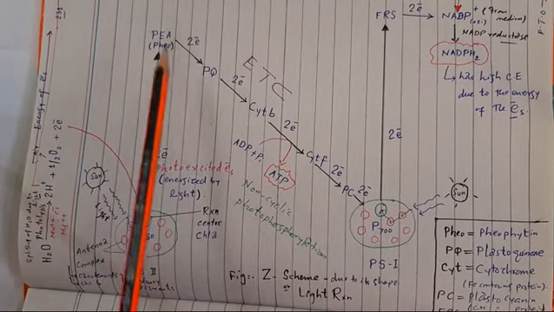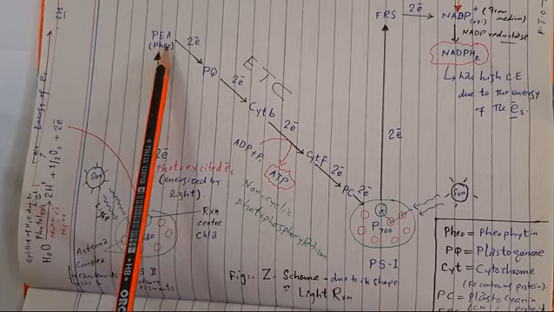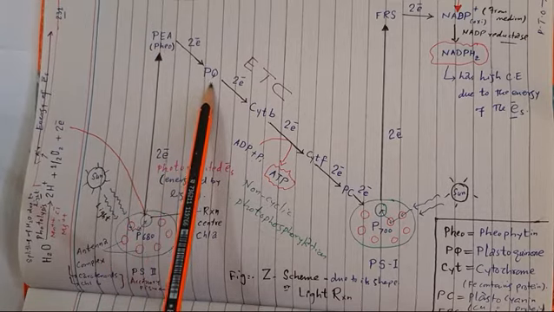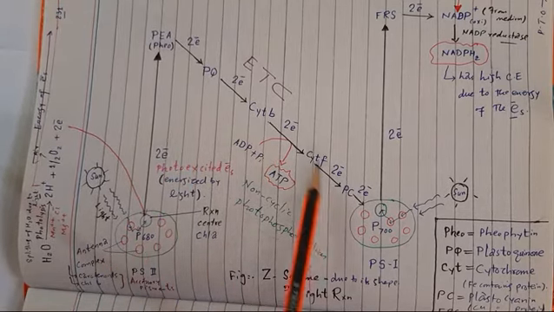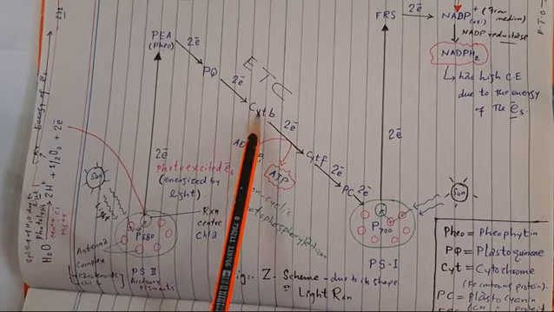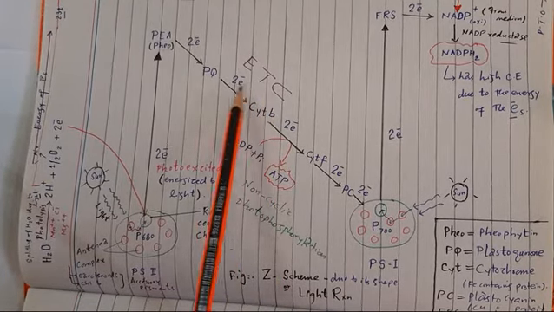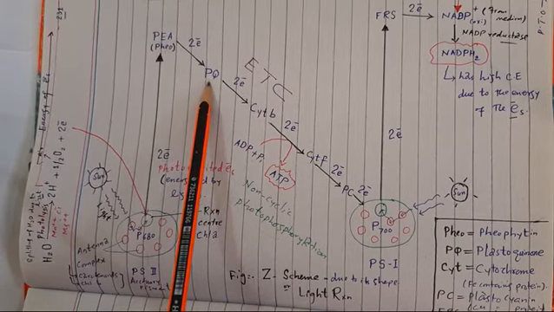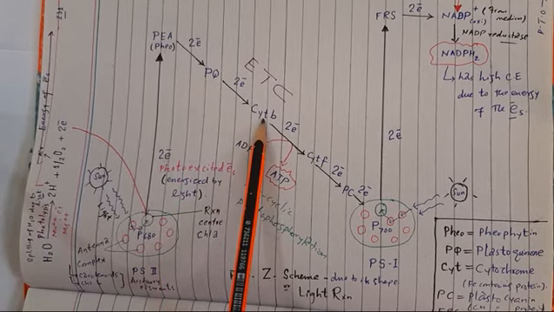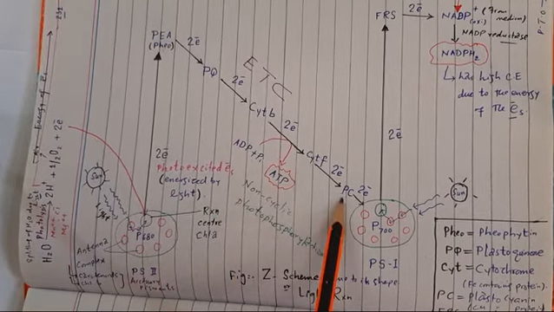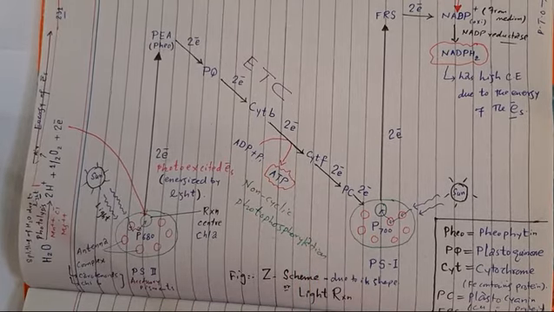This electron transport chain includes PQ plastoquinone, cytochrome b, cytochrome f, and PC plastocyanin molecules.